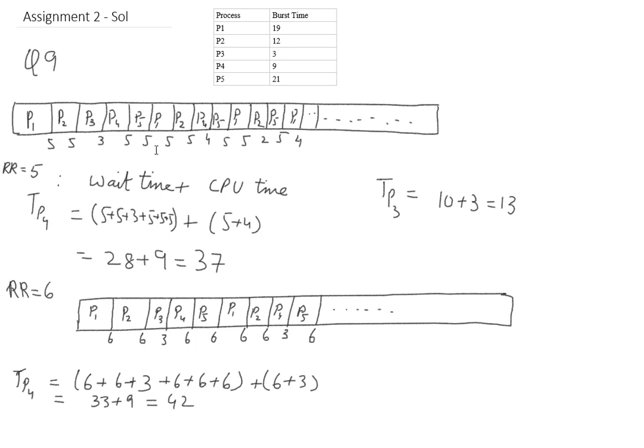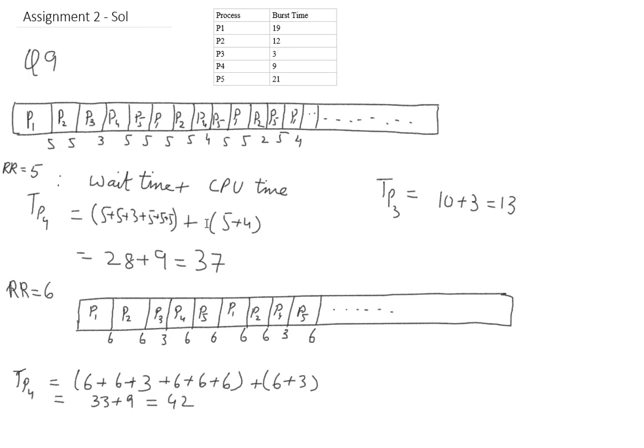So for P4, we are going to calculate all the time it was waiting. It waited these times, which is 5 plus 5 plus 3. Then it was on CPU. Then again it was waiting 5 plus 5 plus 5, and then it finished here. So these times, 5 plus 5 plus 3 and 5 plus 5 plus 5, were the waiting time.